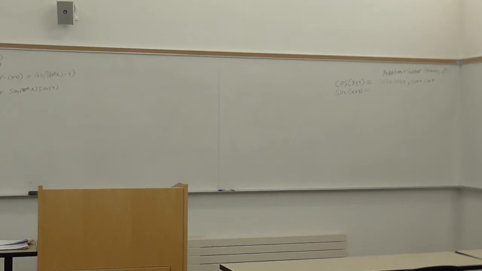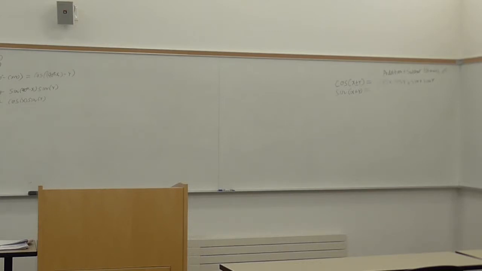Well, these are just cofunction identities, aren't they? This is sine x cosine y plus cosine x sine y. Aha! It's kind of a different pattern, right? In one case we have cosine, cosine, sine, sine.